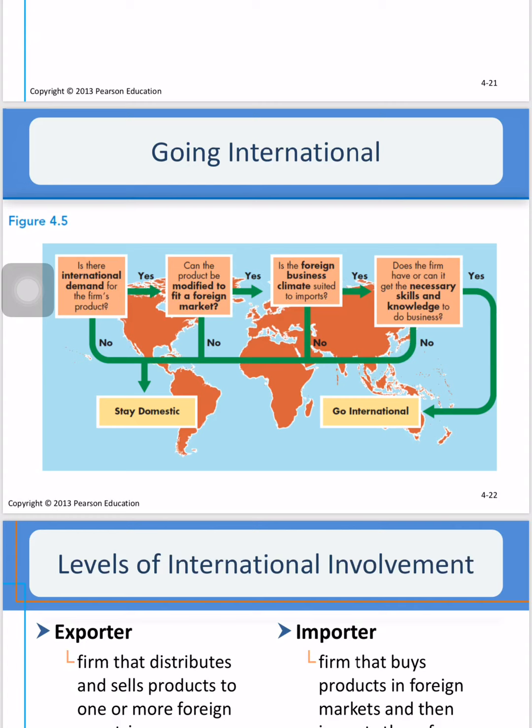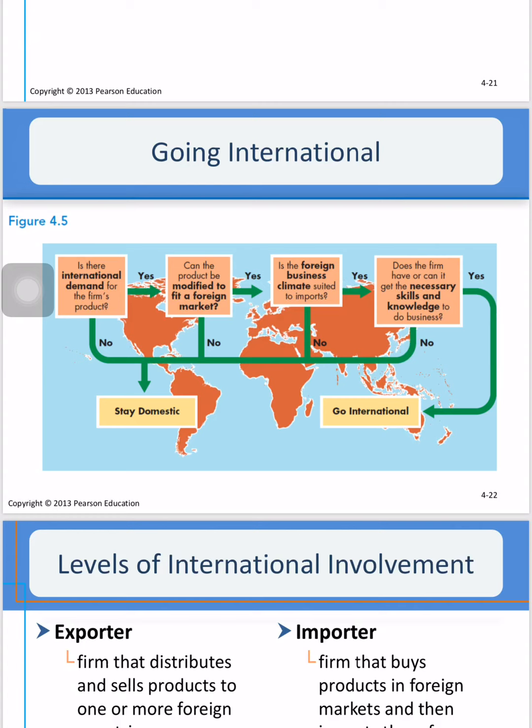Adapting to customer needs is where product modification may be required to meet the standards of various countries. Okay, you have to modify the product based on the country's needs or demands. Outsourcing is the practice of paying suppliers and distributors to perform certain business processes or to provide needed materials or services.